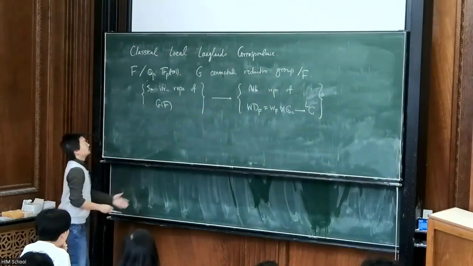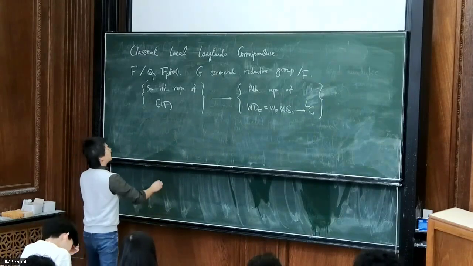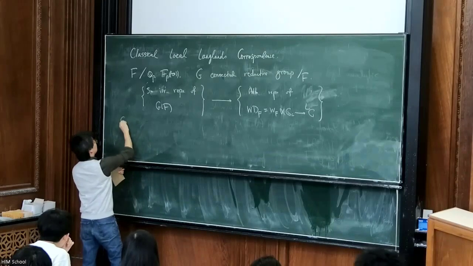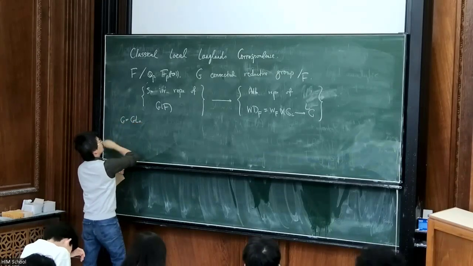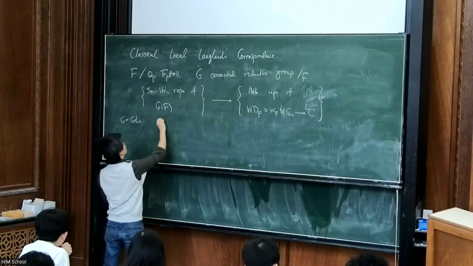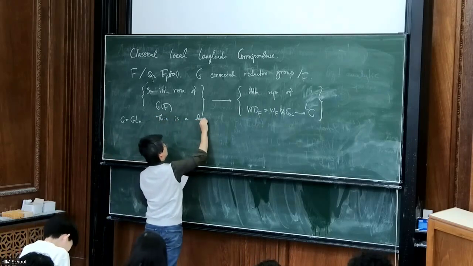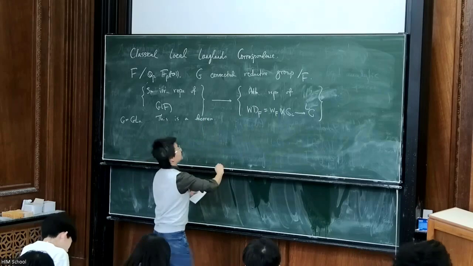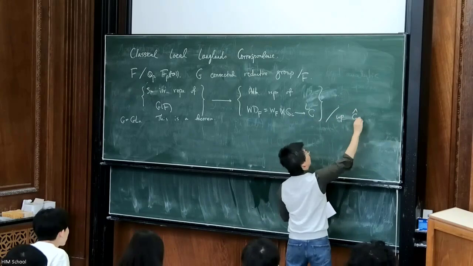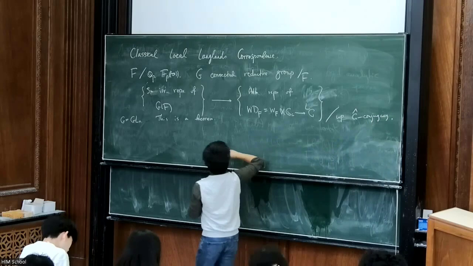This is very rough at the beginning, but it turns out this is more or less correct when G is GL_n. This is the theorem, up to G-hat conjugacy.